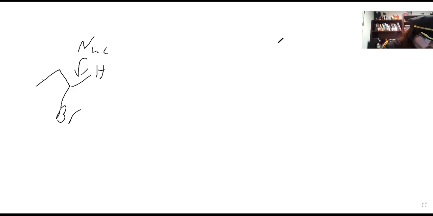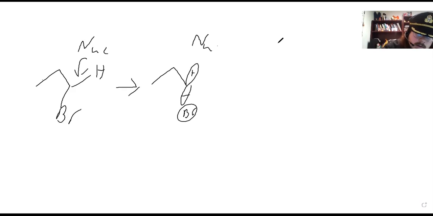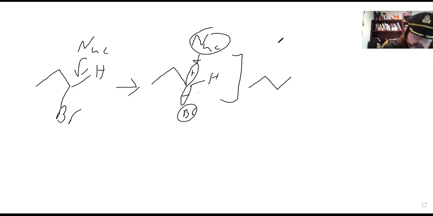Well, in this transition state, in a standard one, we have a plus, minus, and the nucleophile attacking my bromine has to come in and kick this out to make our new bond.